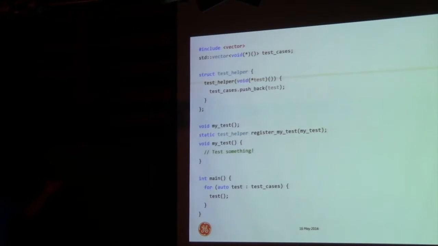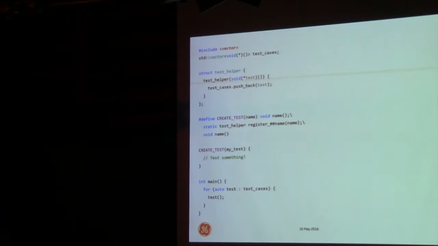I did this so that I could use a macro to clean this up, to make it friendly and nice, with less boilerplate code. I moved the helper up, forward declared my test function, and now we're in a state where you can replace this section with a macro. Instead of declaring your test, registering it, and then implementing your test, you can replace it with a single macro.